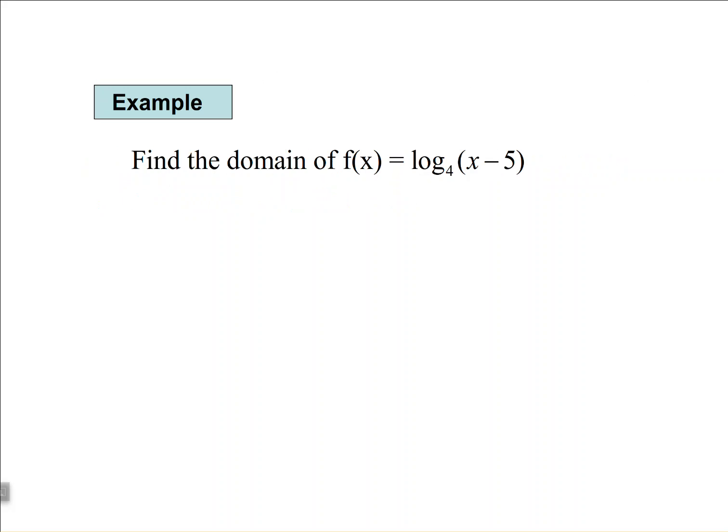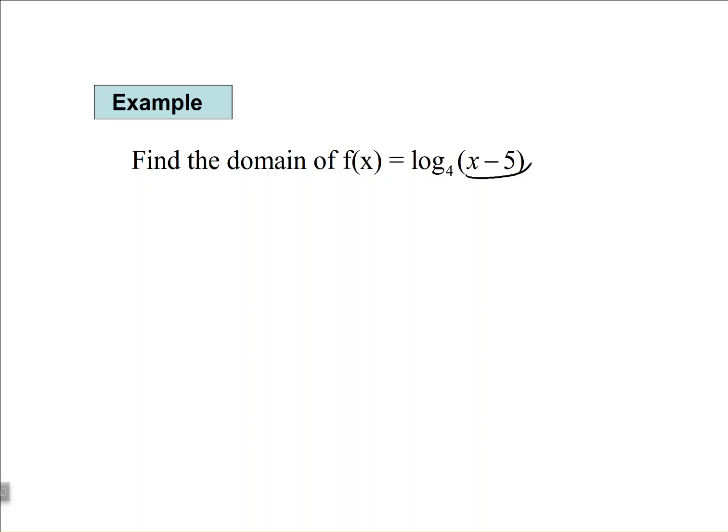All right, so here we have: find the domain of f of x equals log base 4 of x minus 5. And with that x minus 5 being in parentheses, that means we have a horizontal translation, which means that this graph, the parent graph, shifts to the right 5 places. So I know my domain is going to be from 5 to infinity.